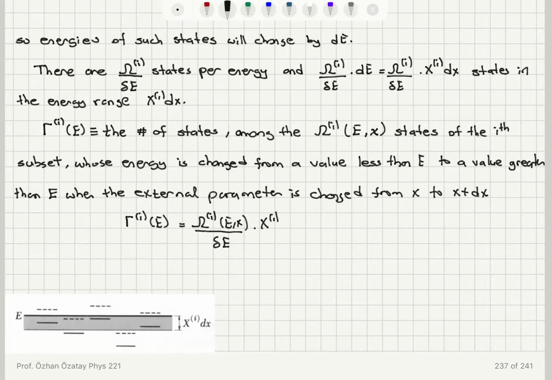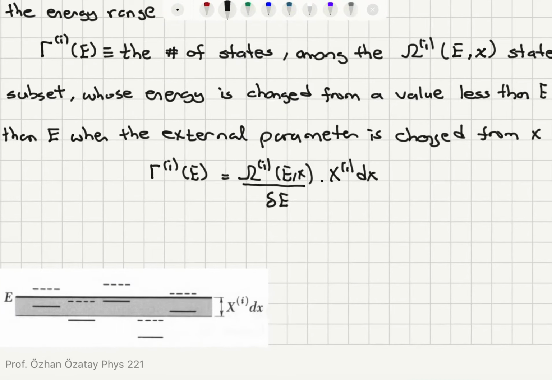These are the states that are shifting up in energy by xi dx, and they are entering this range E to E plus delta E, where I have the omega I number of accessible states.